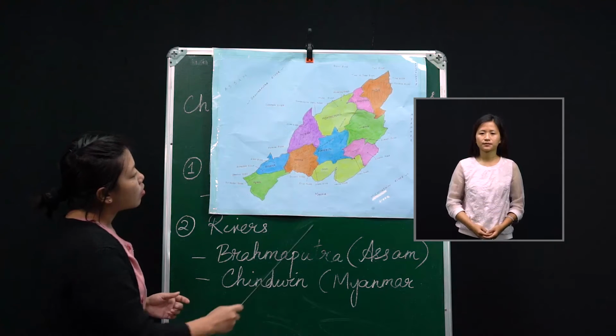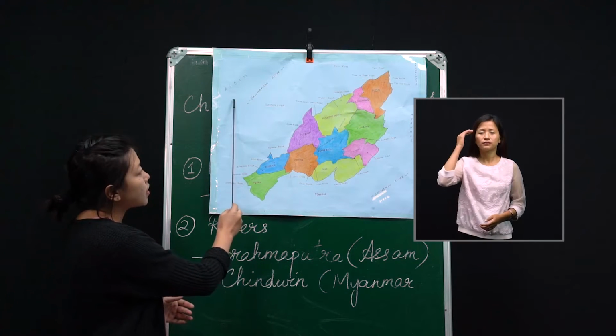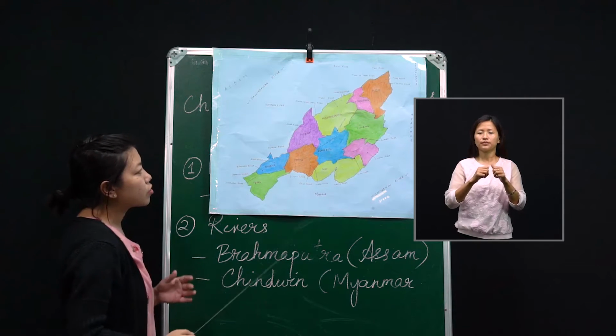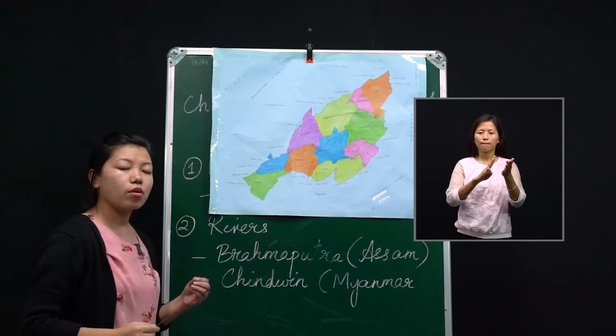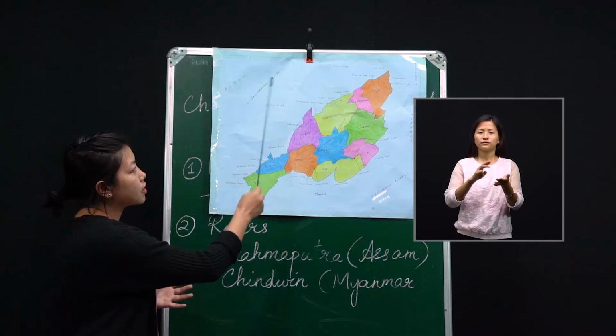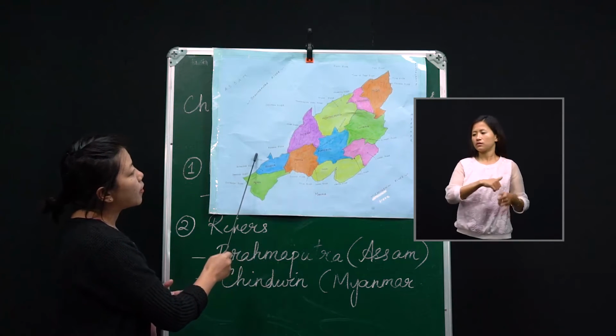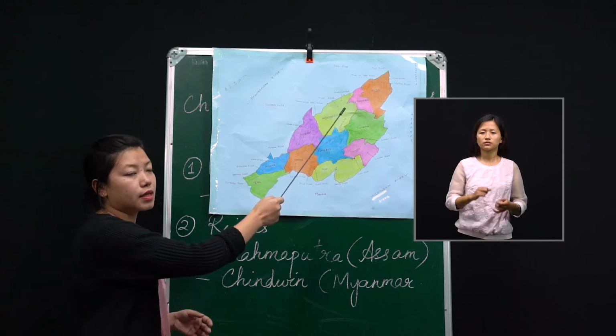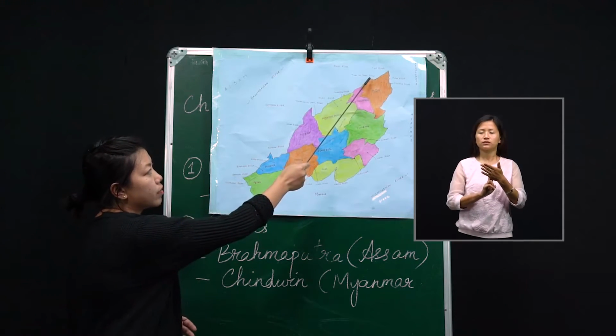All right, now as we all know, the neighboring states are Assam, Myanmar, Arunachal and Manipur. So all these rivers of Nagaland, they used to share with other states as well. And coming to the northern part of Nagaland, we have the Tizit River, right?